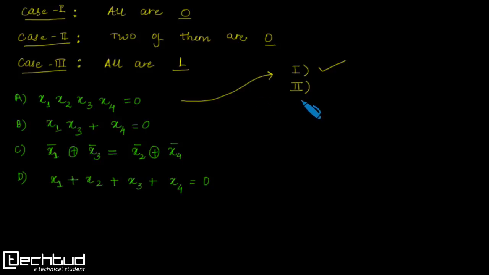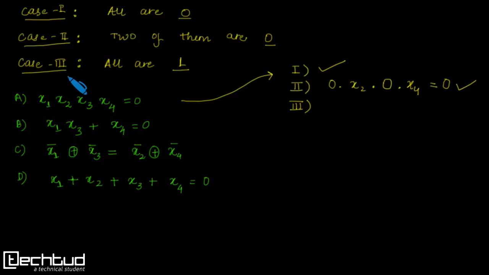Now for case 2, when any two of the Boolean variables hold the value 0, we see that option A will hold true, because if any two of the Boolean variables are 0, let's say x1 and x3 are 0, then 0 ANDed with x2, ANDed with again 0, ANDed with x4 will also result in 0. Therefore, the second case also holds true.